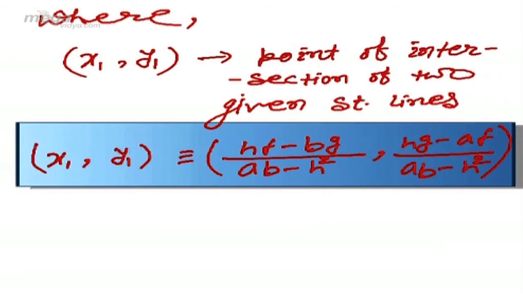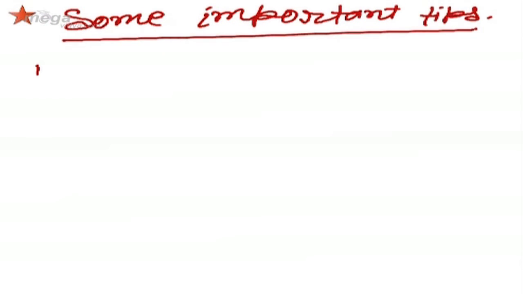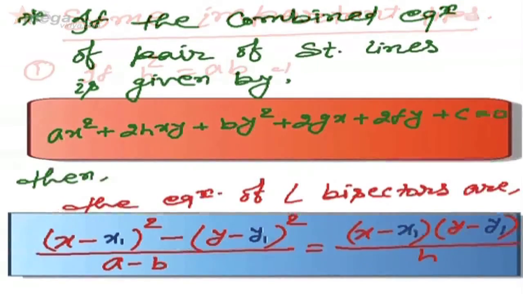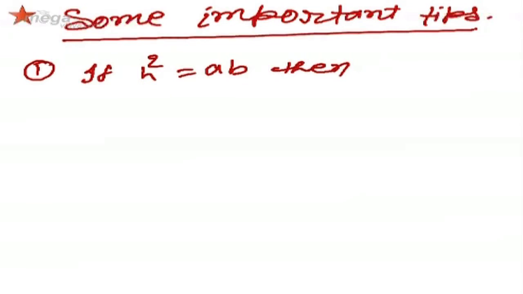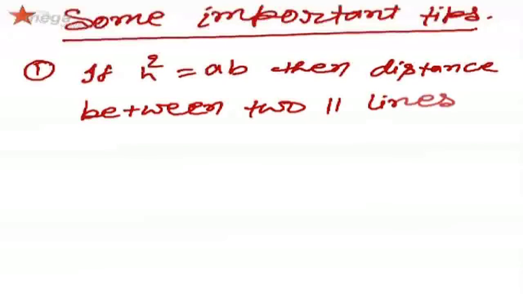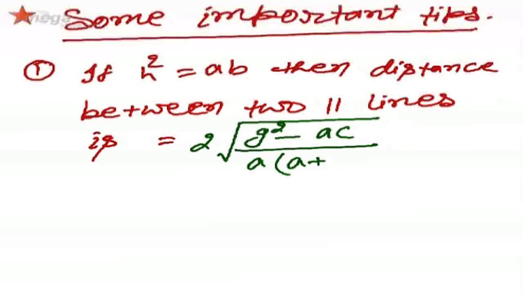Now student, I am writing here some important facts, some important notes, some important tips that you have to remember. The first one is, you know that if h square is equal to ab, then this will be a pair of parallel lines. Then the distance between the two parallel lines is equal to 2 into root under (g square minus ac) upon a into (a plus b).